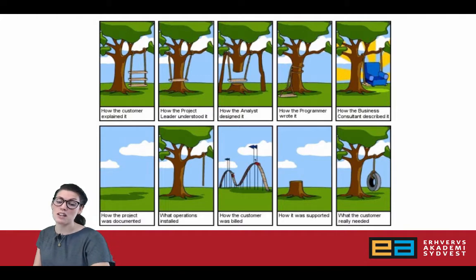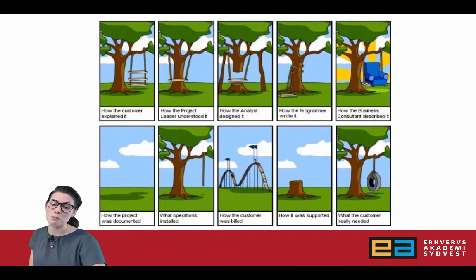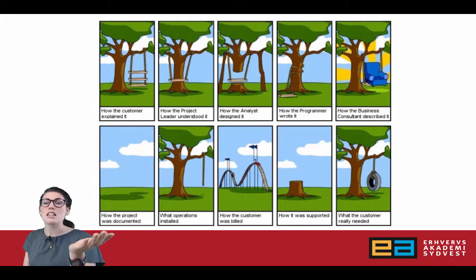The first one is telling you how the customer explained it. So the customer wants a swing. And the customer is explaining blah, blah, blah. So if you see in the lower right corner, this is what the customer really needs. So we have one swing that is explained, but the customer needs something else.